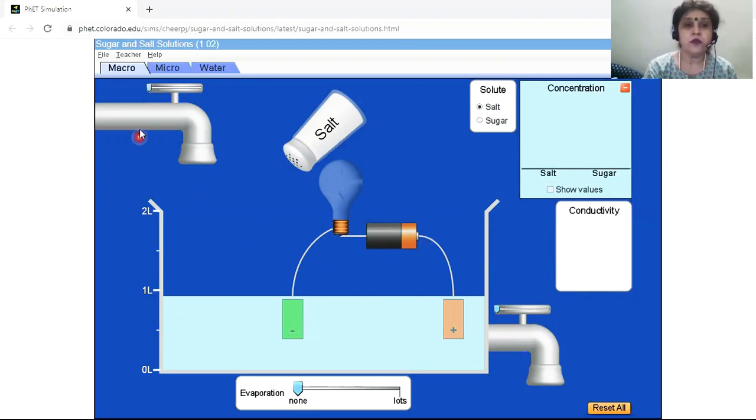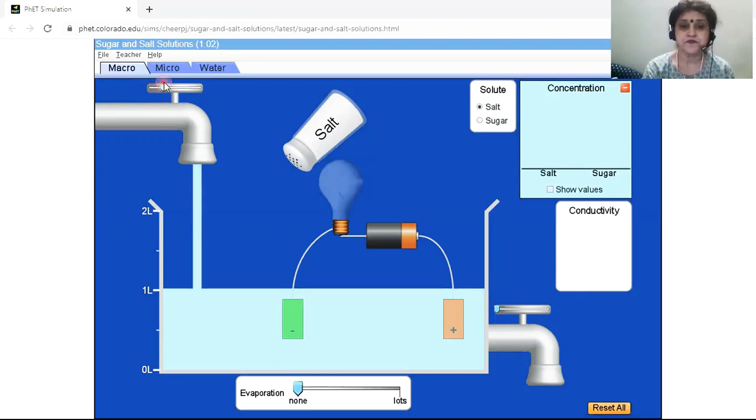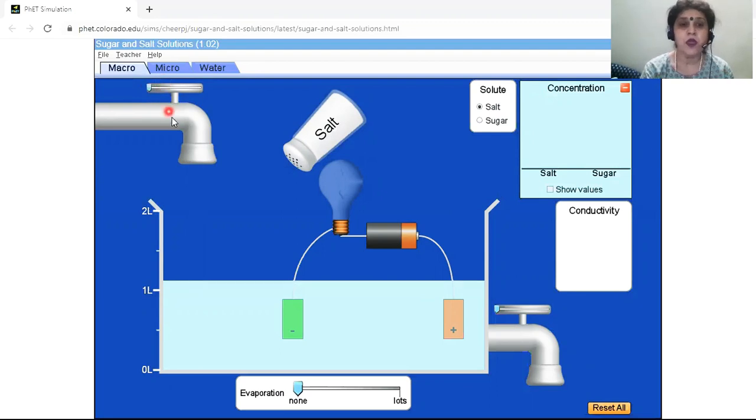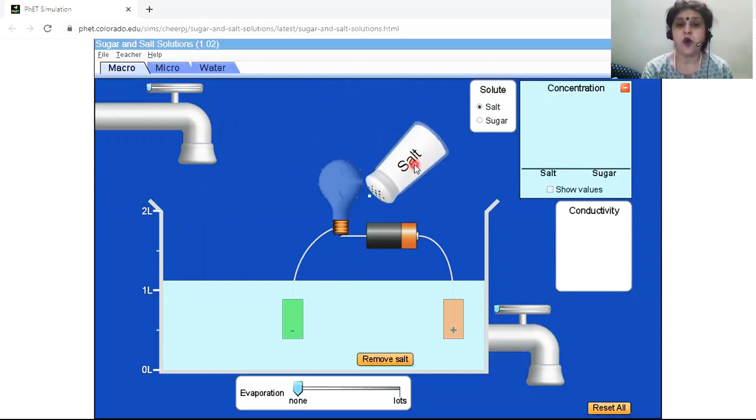Now we take some water from this inlet source of water and start adding some salt in this solution.